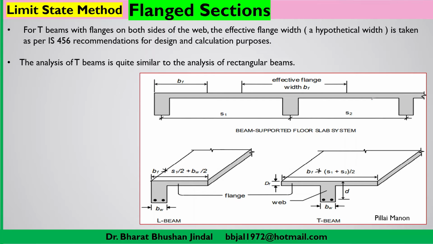It is extended, that means it is a continuous type of slab, but we have taken this diagram so that we can understand what is the meaning of effective flange, what is T-beam, what is L-beam, etc. Now if you consider that the construction of this slab as well as these beams satisfies the conditions mentioned in IS 456, then we can consider that some portion of the slab, as per the formula which the code is mentioning, is a part of this beam only.